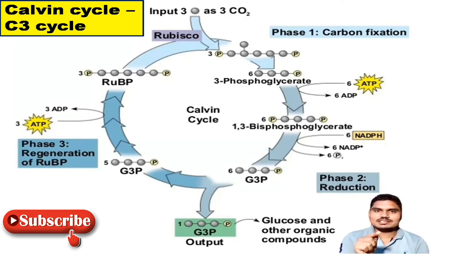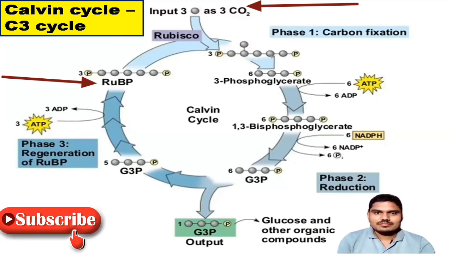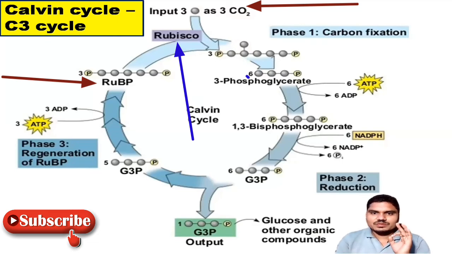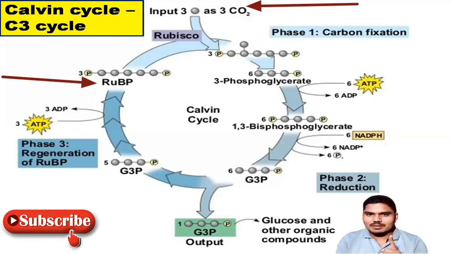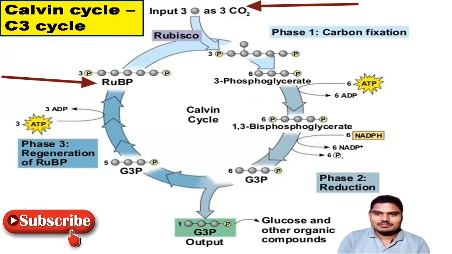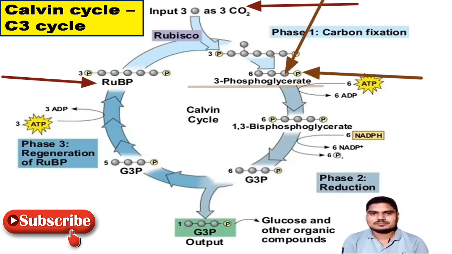In this reaction, totally how many carbon dioxide molecules are there? In this reaction totally 3 carbon dioxide and 3 RuBP molecules are there. In presence of Rubisco enzyme they produce 6 molecules of 3 phosphoglycerate. 3 phosphoglycerate is one of the chemicals which has 3 carbon atoms, to that a phosphate molecule is attached at the 3rd carbon atom, hence the name 3 phosphoglycerate.